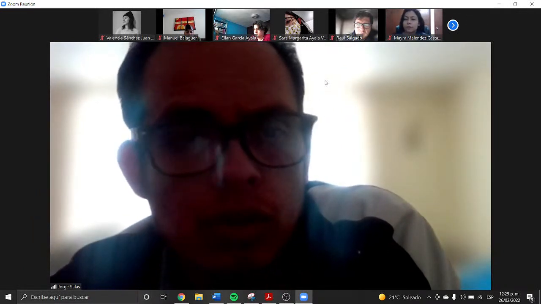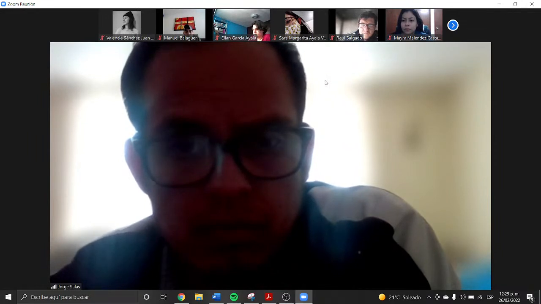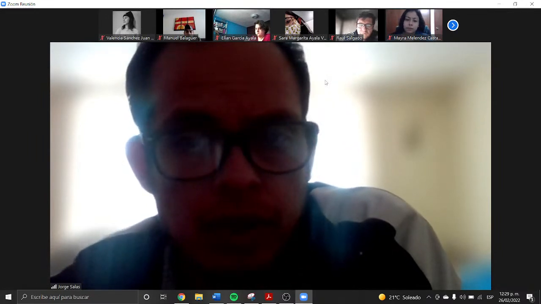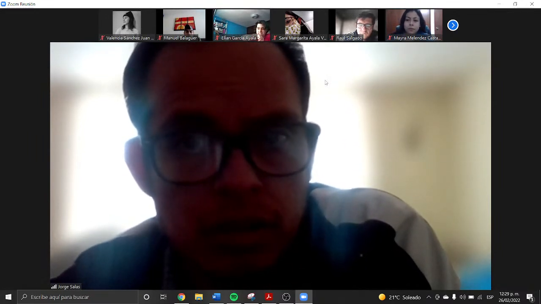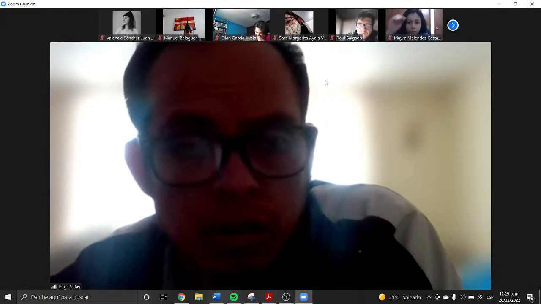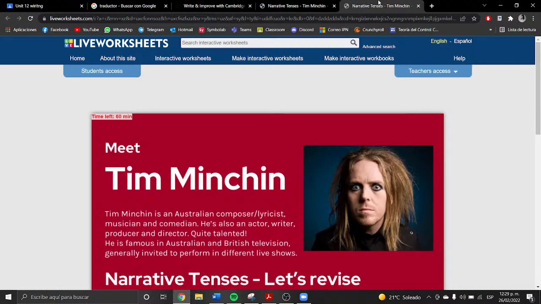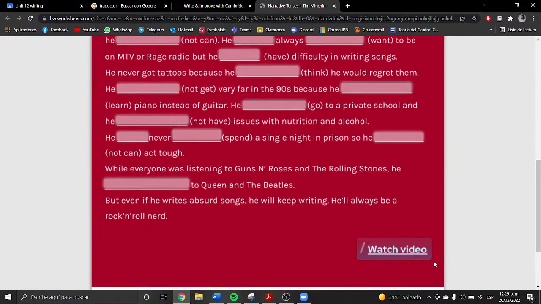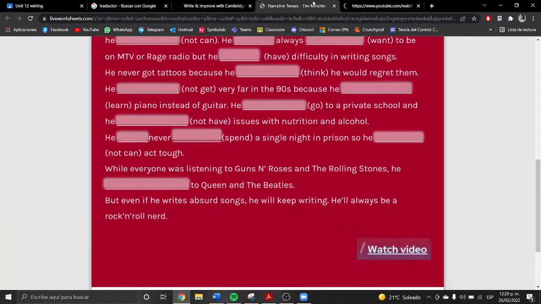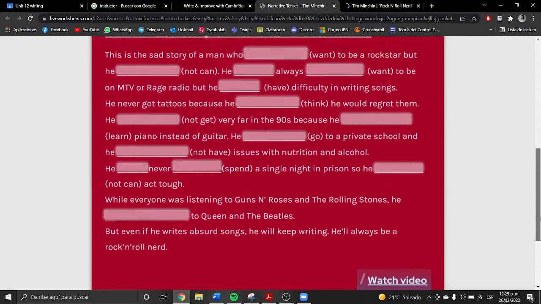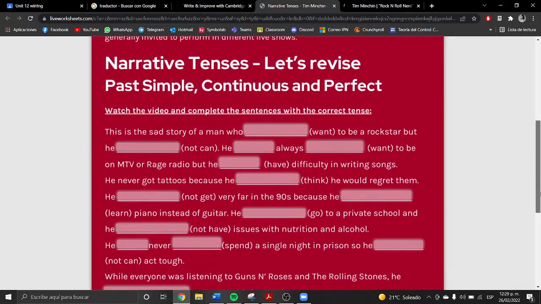So open the link. If anybody cannot, this is the time to ask. If you can, open it, start watching, and complete the exercise. As soon as you finish with the exercise, there is a button that says finish or terminado, depending on the settings of your browser. Click right there and you're going to see the correct answers.